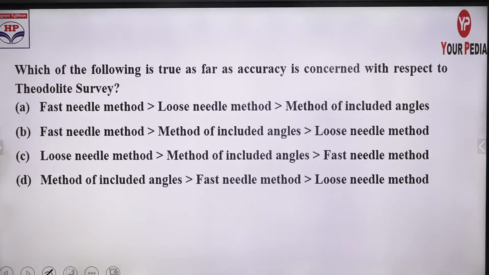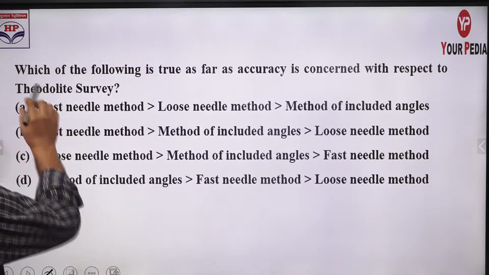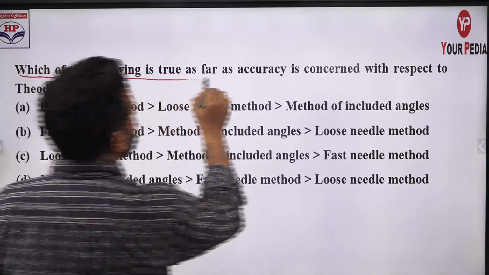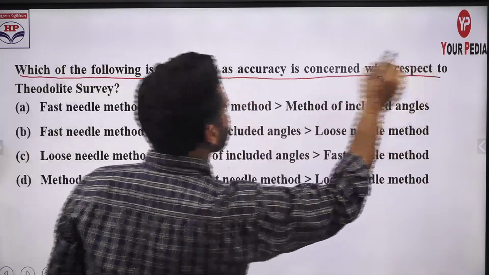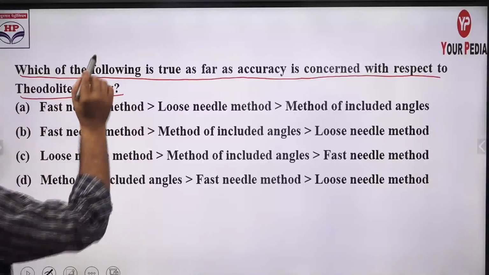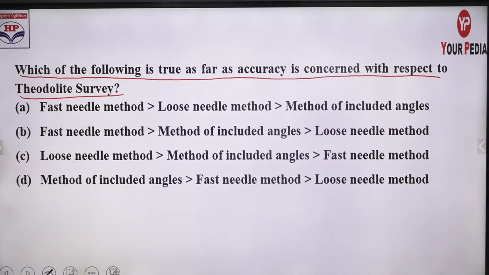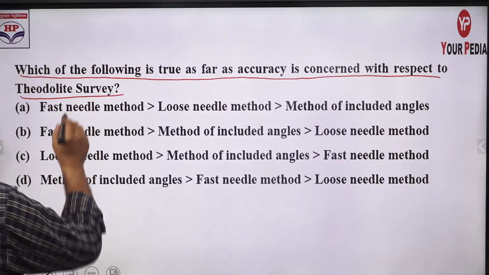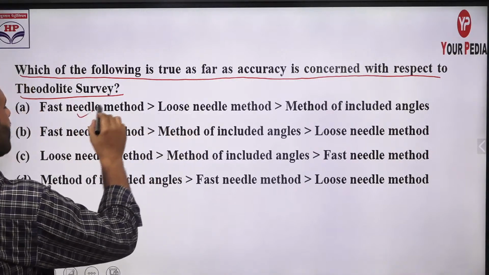Okay, next question. Which of the following is true as far as accuracy is concerned with respect to theodolite survey? I already told you guys, as compared to the loose needle method, the fast needle method is more accurate.